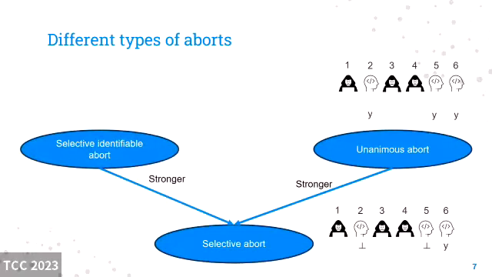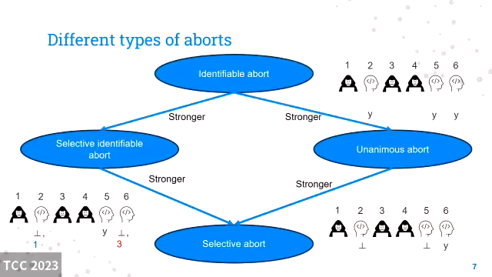Another stronger security guarantee is selective identifiable abort, which means that every honest party can either abort, identify one corrupted party, or obtain the output of the function. Note that different honest parties can identify different corrupted parties. It is allowed in this specific security definition.